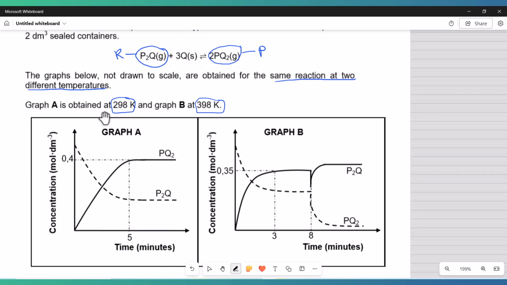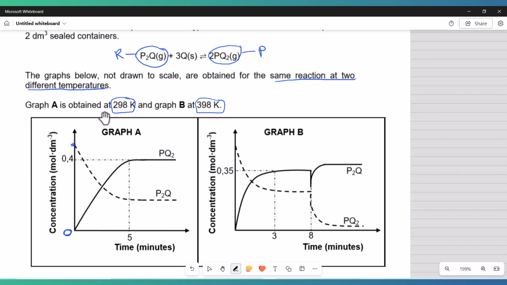Then it decreases until the curve becomes flat. The product starts from 0, which means initially in our container we are starting with only P2Q, and we don't have any of the product. So it's going to increase, and then it becomes flat.